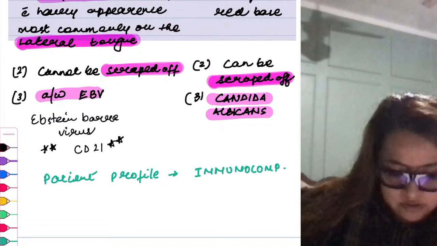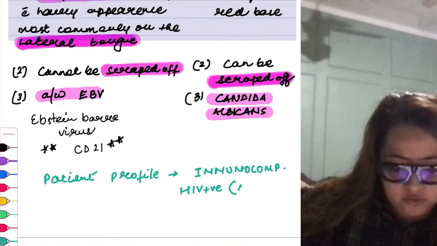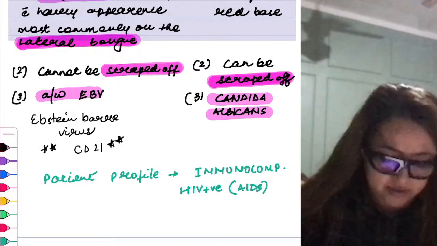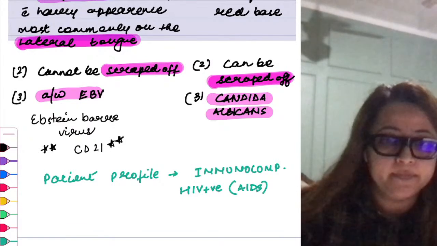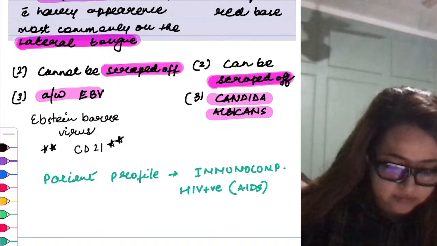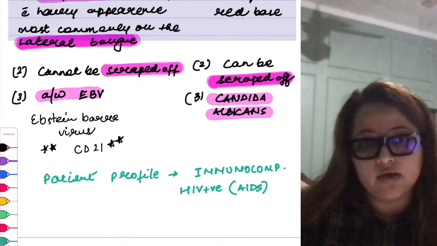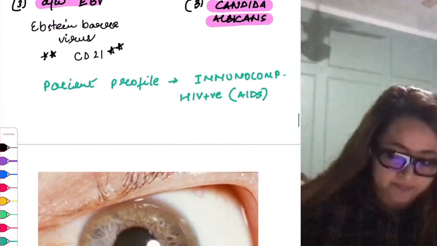Most likely they would give you an HIV positive individual or a patient having AIDS. This is the most likely patient profile that could be mentioned in the question, because these type of patients develop these white membranes that are oral hairy leukoplakia or candidiasis.